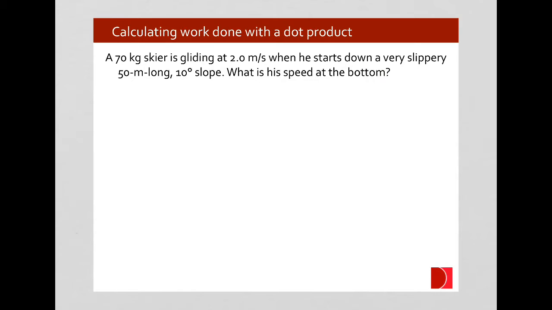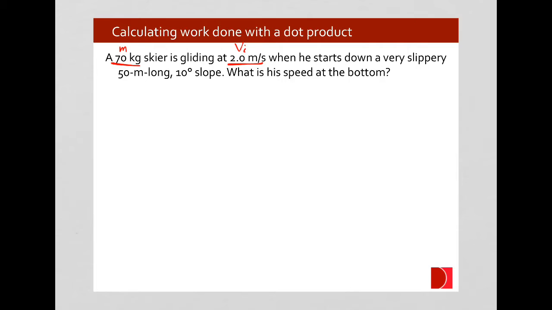So what we're being told is the mass of the skier. He's initially going at 2 meters per second, so that would be his initial velocity. And he goes down a very slippery slope. Very slippery means that we can neglect friction.